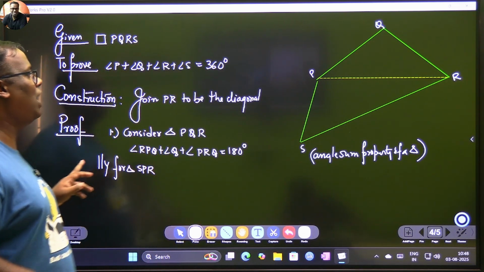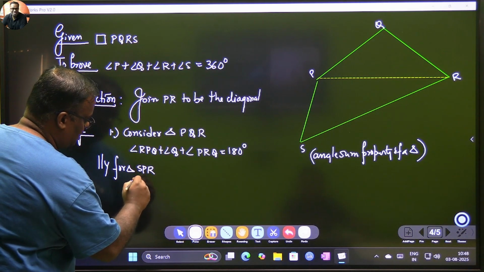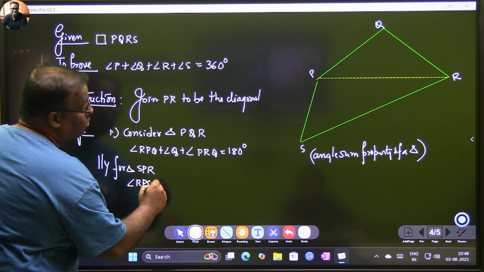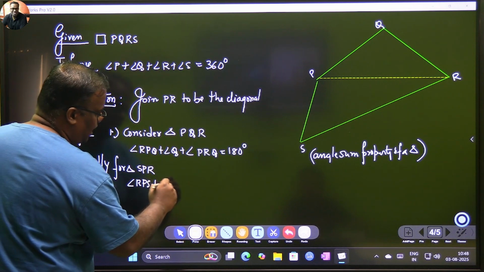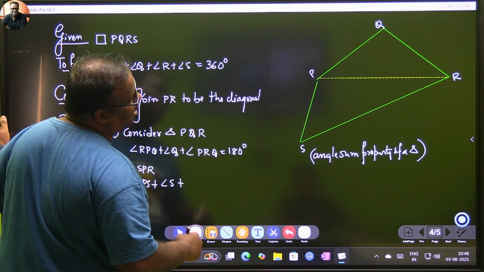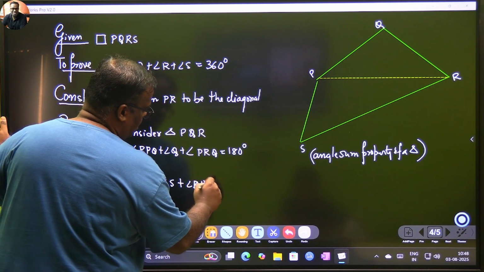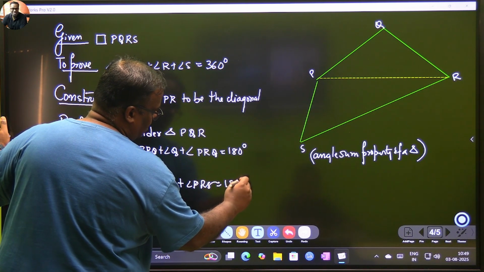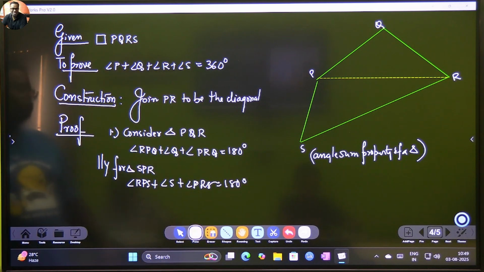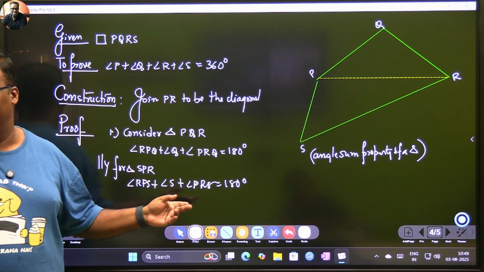End of the day, we have to add, right? So I will write angle RPS plus Q's opposite is angle S plus PRQ's adjacent another angle will be angle PRS equal to 180 degree. Now here you need not write angle sum property again because you have written similarly.